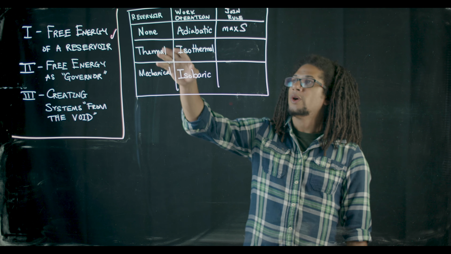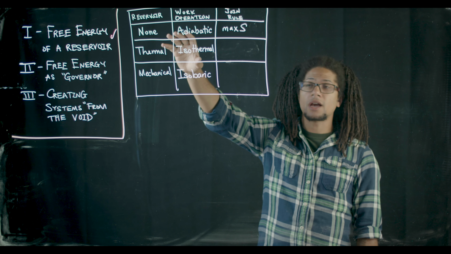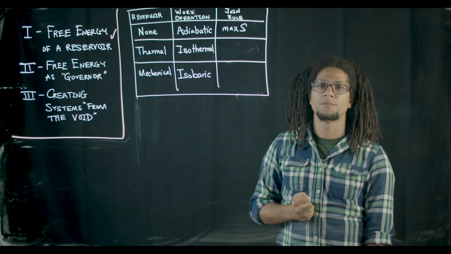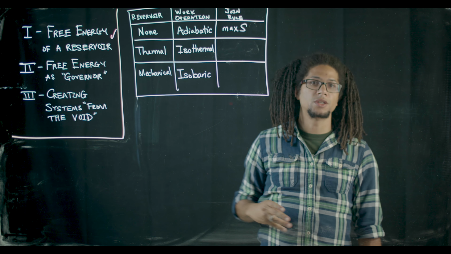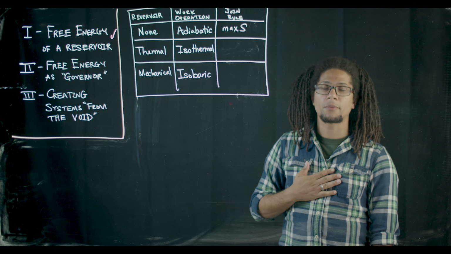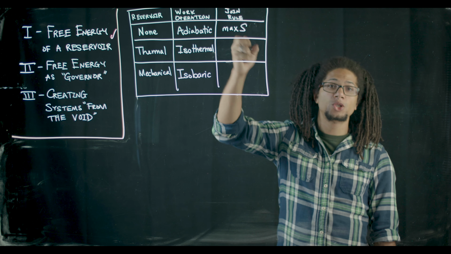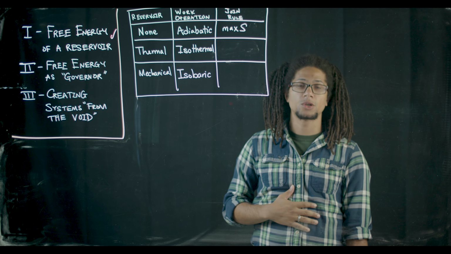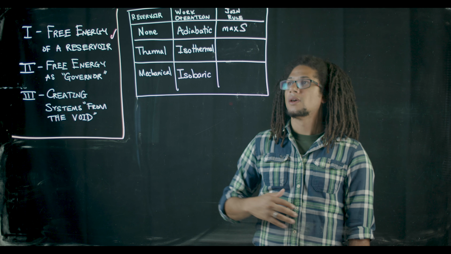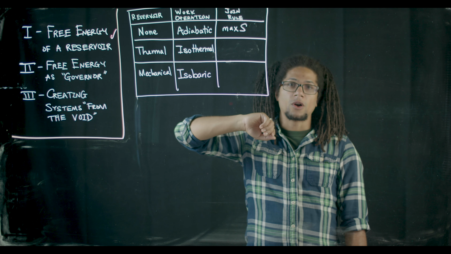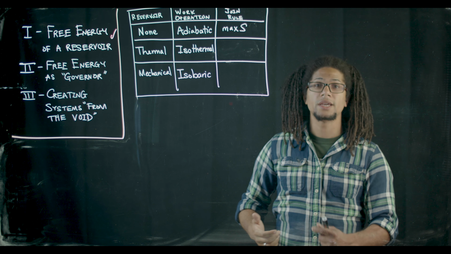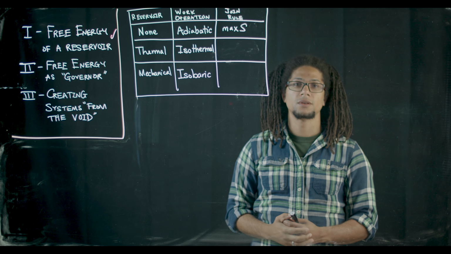Good. We learned basically at the beginning of the course that if we were not in contact with any reservoir, then the only work operation that we could do was an adiabatic work operation. And the rule for joining two systems was that they always maximized S, their total entropy. For a thermal reservoir, we've already found that the correct work operation is an isothermal work operation.